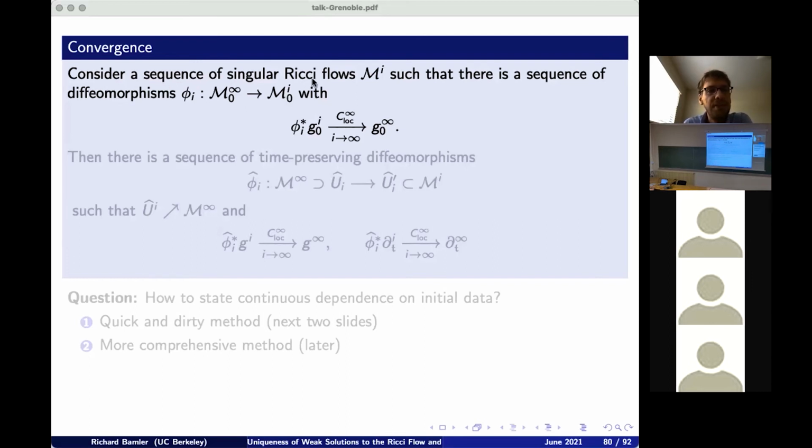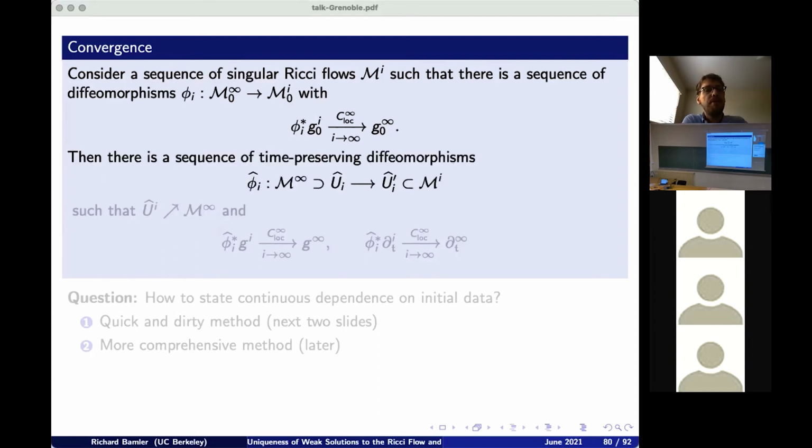Let's consider a sequence of singular Ricci flows, Mi, such that there is a sequence of diffeomorphisms between the initial time slices of some singular Ricci flow M infinity and the initial time slice of Mi, such that if we pull back the initial condition of Mi via phi, then we have local smooth convergence to G infinity at time 0. Okay? So we just assume that we take a sequence of singular Ricci flows that at time 0 converge in the smooth Cheeger-Gromov sense.